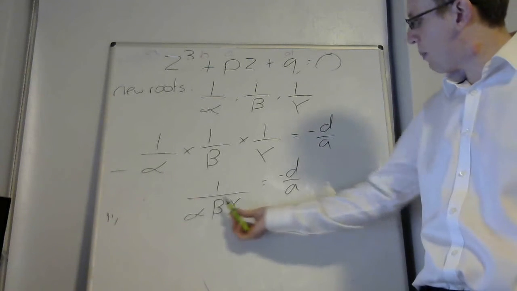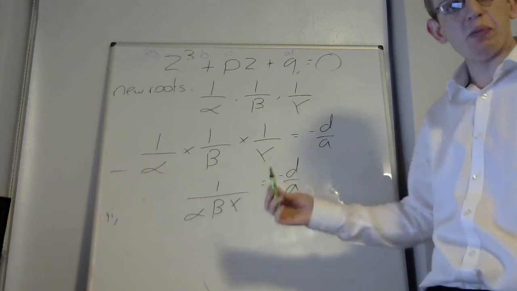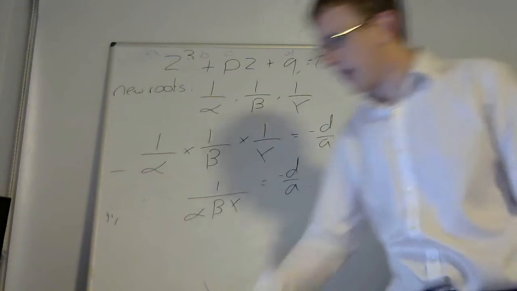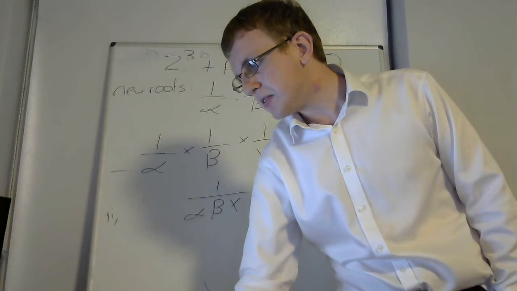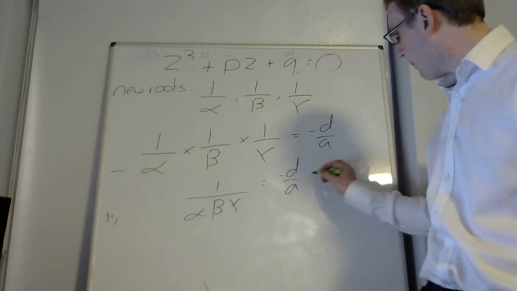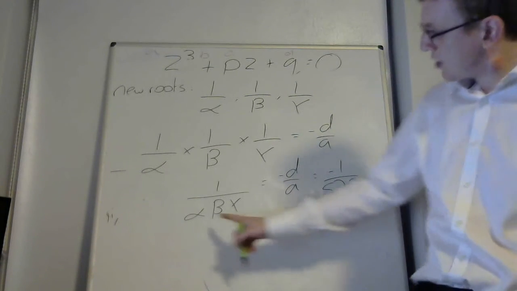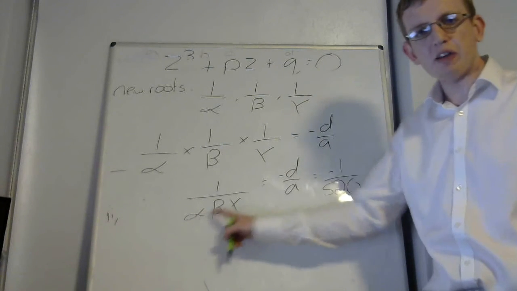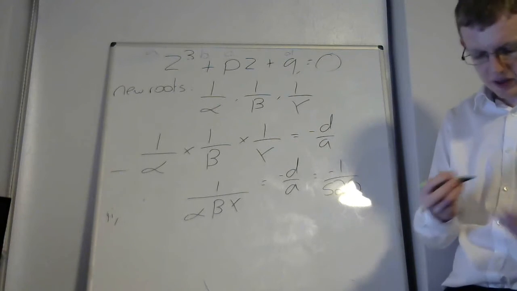And alpha beta gamma, we know what that is from our old equation. That was minus 520, I think. Yeah. So that would be minus 1 over 520. So we're using this from the old equation because we know what alpha times beta times gamma is. It helps us find the coefficients of the new equation.